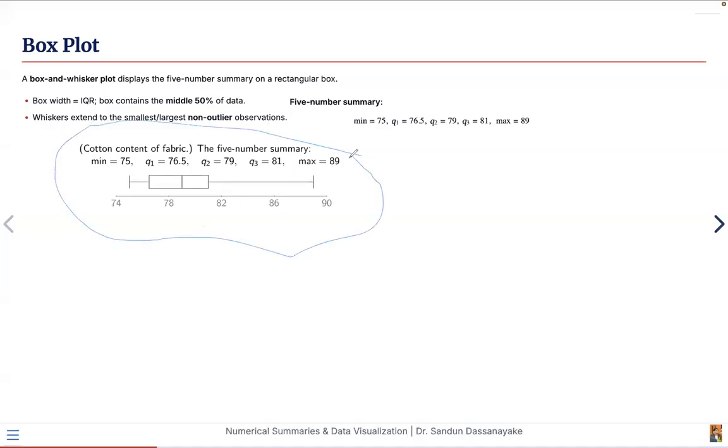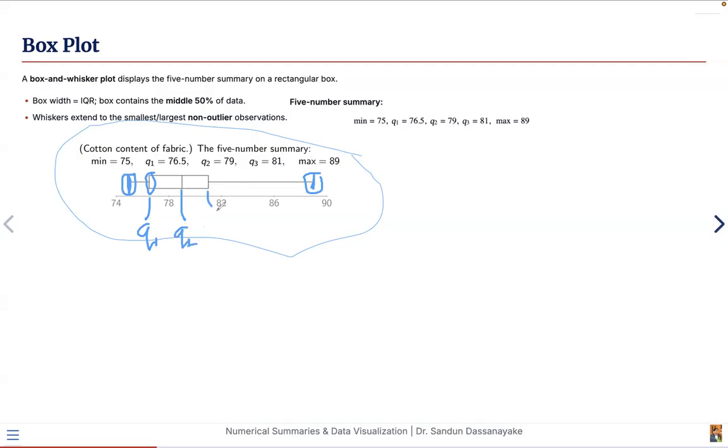So how do we draw this box plot? The box plot is drawn using the minimum value and the maximum value. These are called whiskers because they put the demarcation, the boundary for your data. Then you have the other boundary, Q1, the smallest one from the Q family, and then you have Q2, which is the median or second quartile.